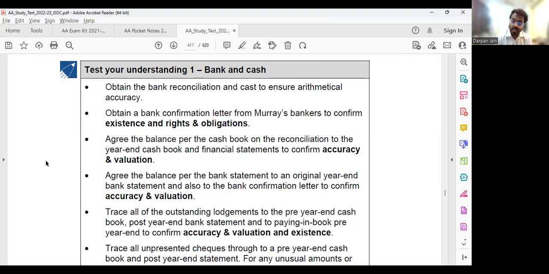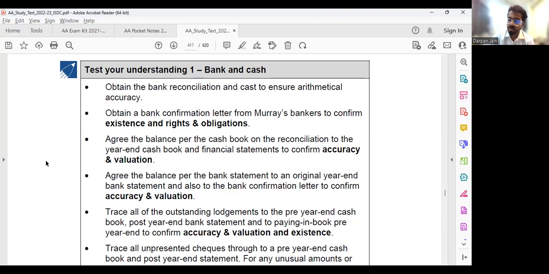Next, agree the balance as per cash book on the reconciliation. That means in the BRS, you have the balance as per cash book, right? Agree that balance. Agree means match. So match that balance to the year-end cash book and the financial statements.